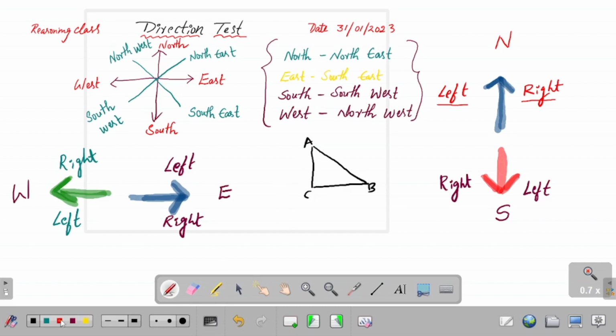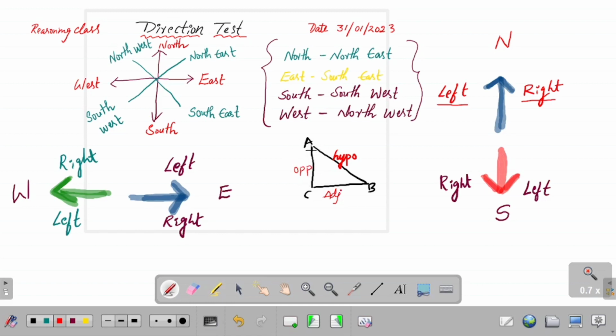What is hypotenuse here? Hypotenuse is this one. Now what is adjacent here? This is adjacent. And this is opposite. No need to name opposite side and adjacent side here, but for your clarity I am explaining the entire thing.